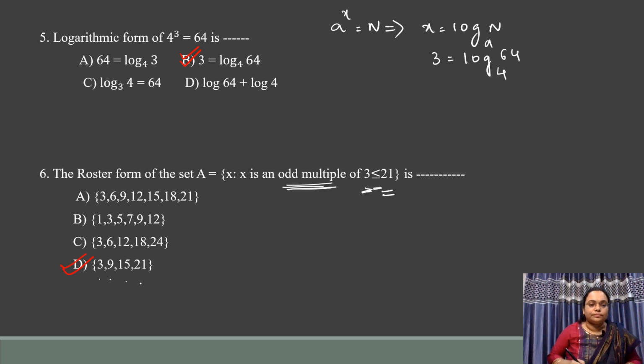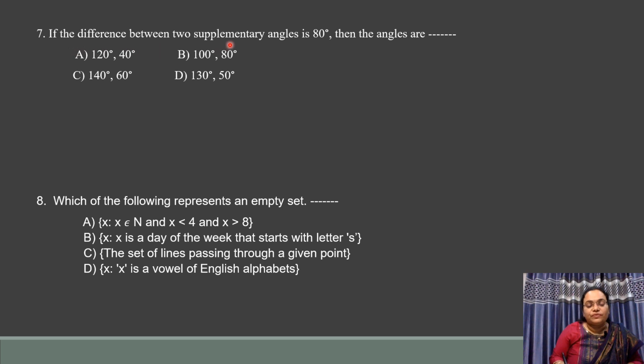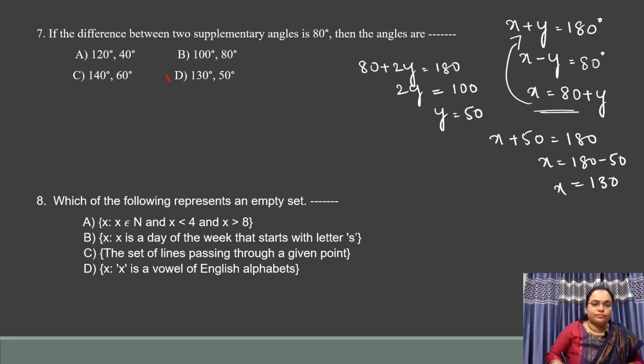Okay? The next one is, if the difference between two supplementary angles is 80, then find the angles. The difference between two supplementary angles, that is x minus y is equal to 80 degrees. Okay? This one.